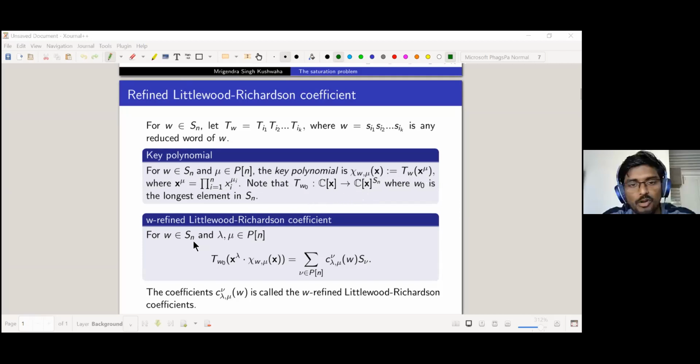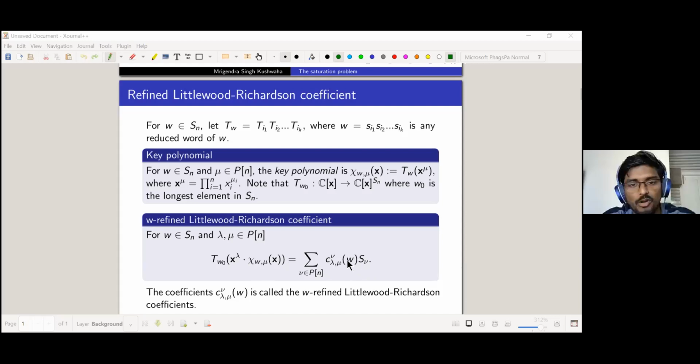Using that, we can define the W refined Littlewood-Richardson coefficient. Take T_W naught applied to the polynomial x power lambda multiplied with this key polynomial; this will be a symmetric polynomial again. Then write it again in terms of Schur polynomials because it's symmetric. Then denote this coefficient C lambda mu nu.